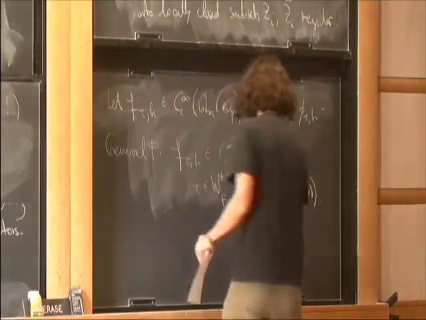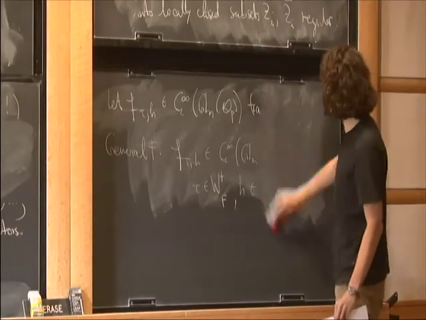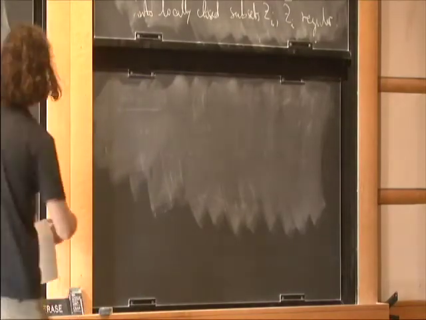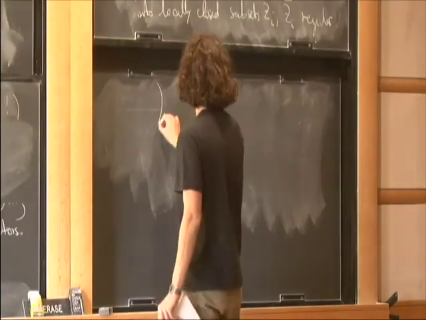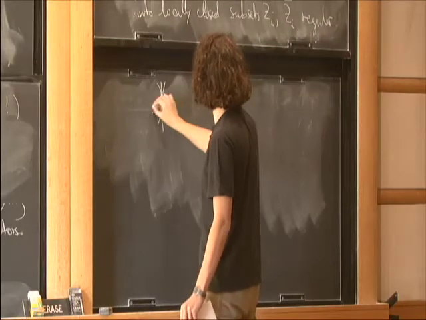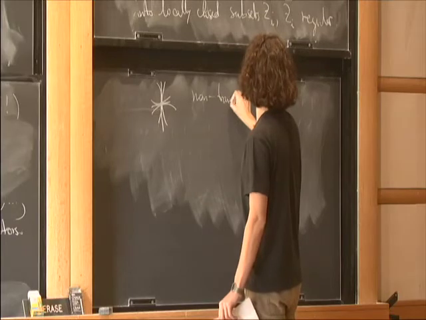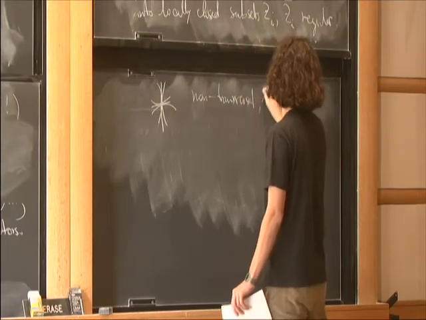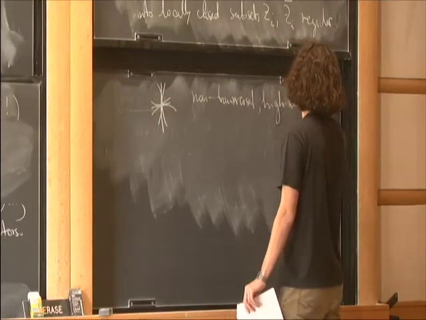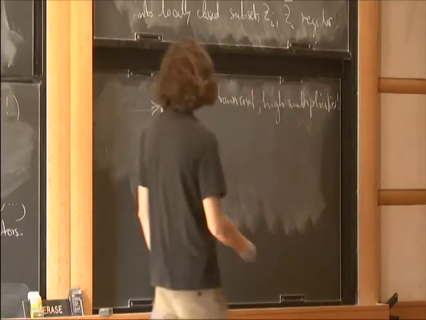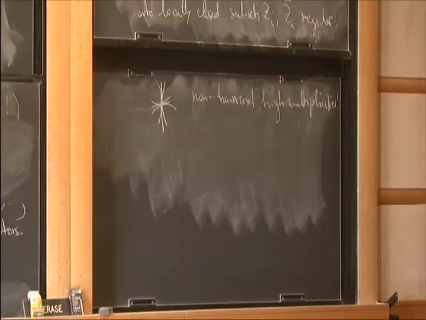So at first sight, it might look a little bit like semi-stable reduction or something. But in fact, it can be much worse. So you can have non-transversal intersection, and moreover, you can have high multiplicities of the irreducible components.